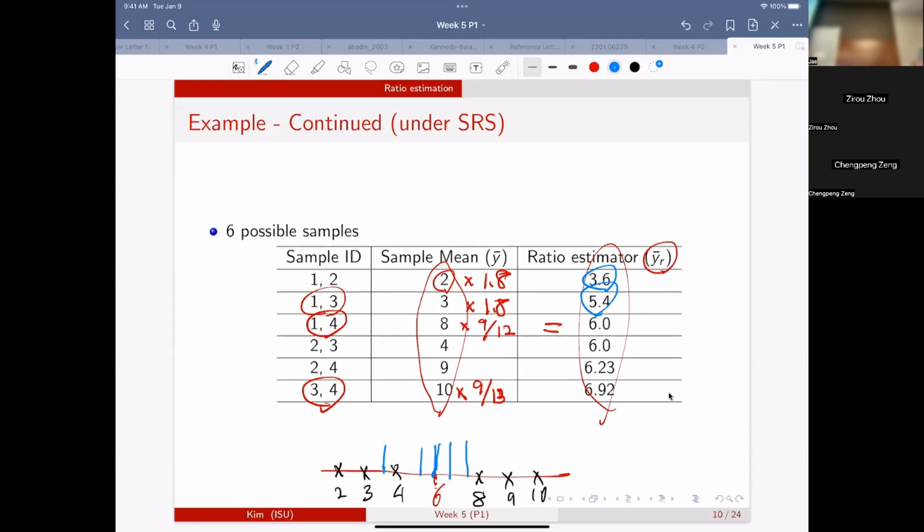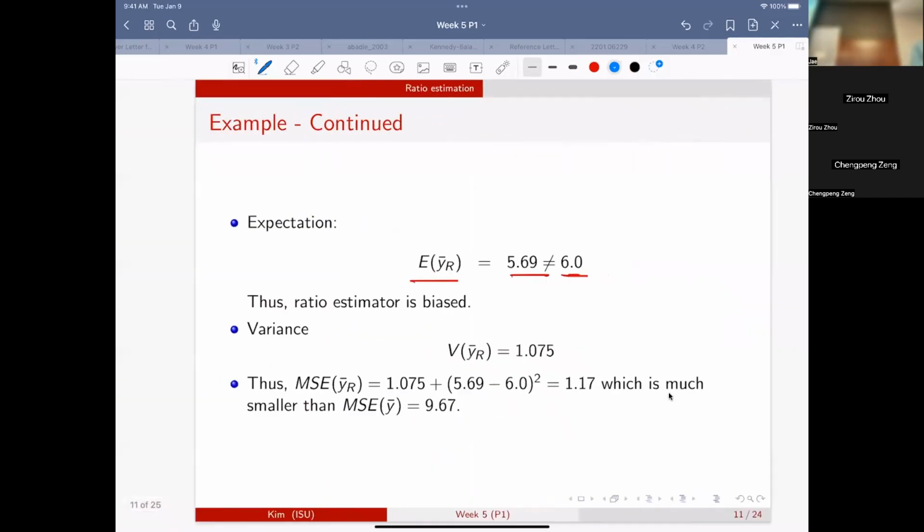These are the distribution of the ratio estimate. So you can see that the variation is much smaller, so the variance will be small, which is exactly what it shows here.